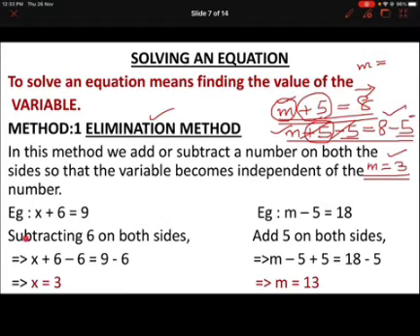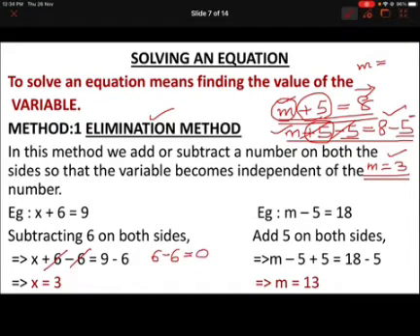So subtracting 6 on both sides, we get x plus 6 minus 6, and 9 minus 6. Now, on LHS, what do we have? We have only x. How? 6 and minus 6 got cancelled because 6 minus 6 is 0.